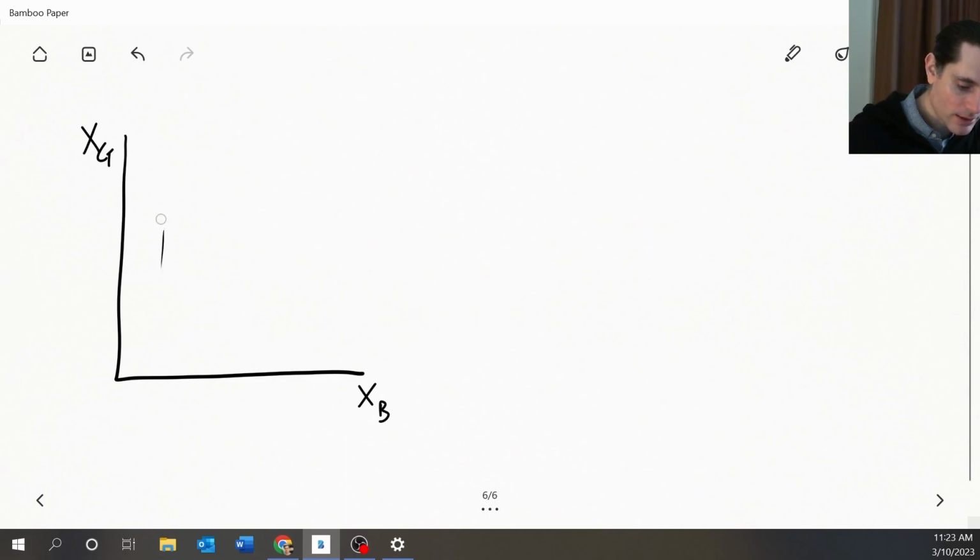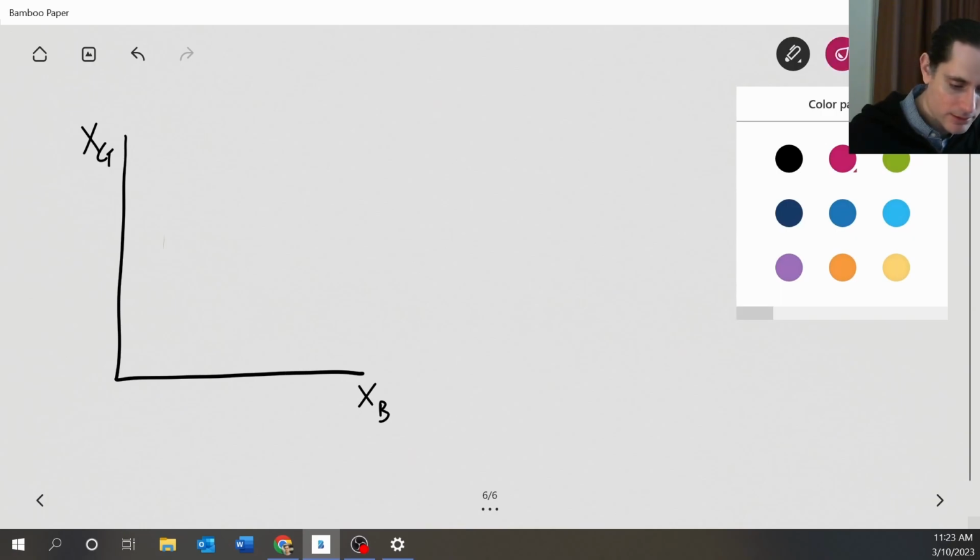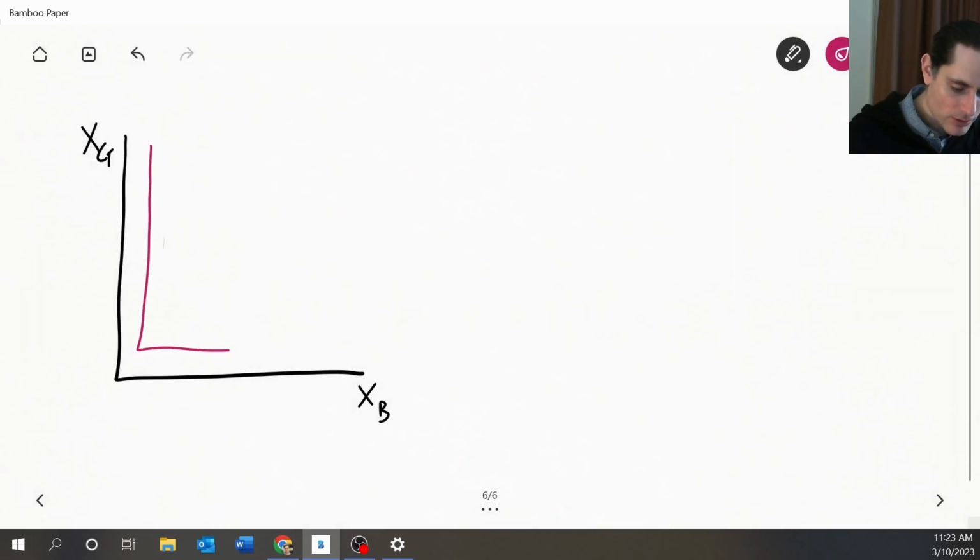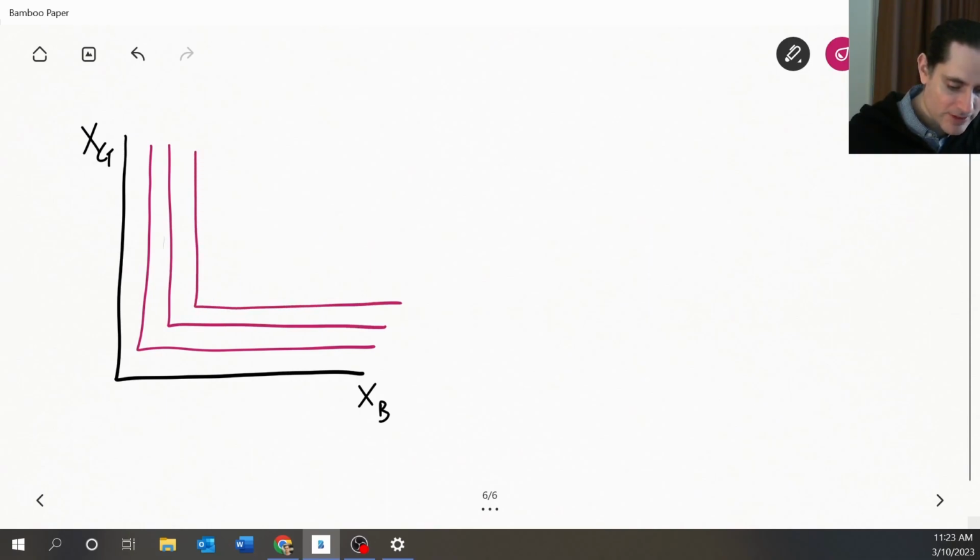Let's draw them with red. So Leontief indifference curves might look like this. What this says is I want to always have exactly the same amount of guns and the same amount of butter. So this could be 1, 1, 2, 2, 3, 3.